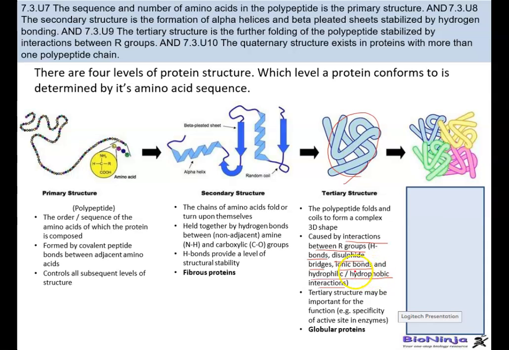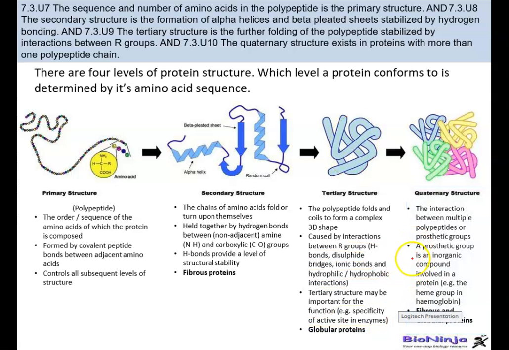All these types of interactions give the structure its tertiary structure. The tertiary structure is important for function because of the specificity of the active site of an enzyme. Enzymes all have a tertiary structure and an active site, so there are many parts of the enzyme important for its functionality, and that's why they are much more complex. And globular proteins all have tertiary structure.